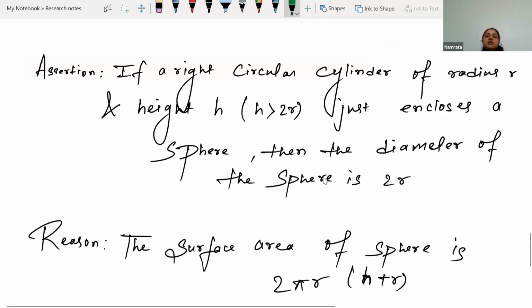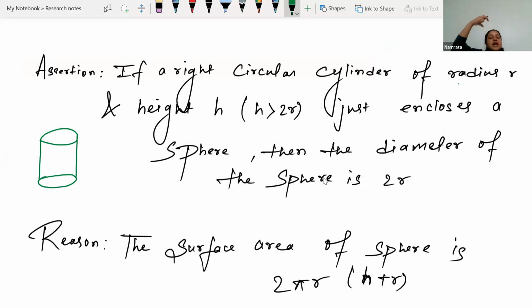So if a right circular cylinder of radius r, we know a right circular cylinder looks like this one. What's the meaning of right circular cylinder? Here you can see all the circles are exactly the same, and the axis from here is perpendicular.